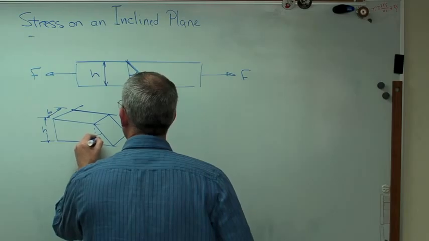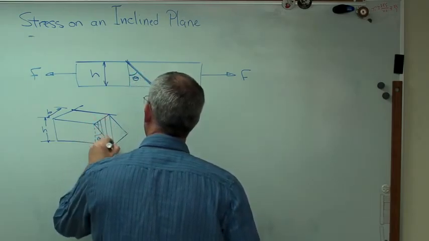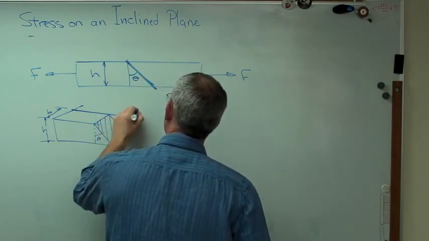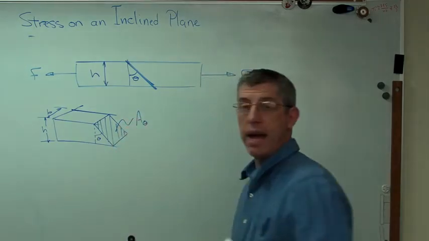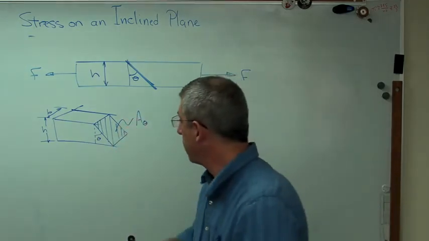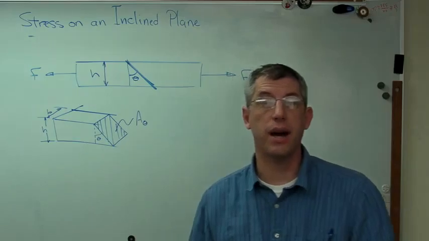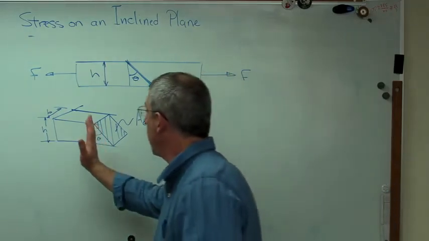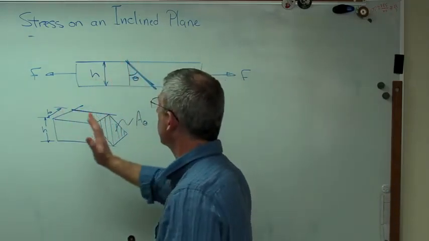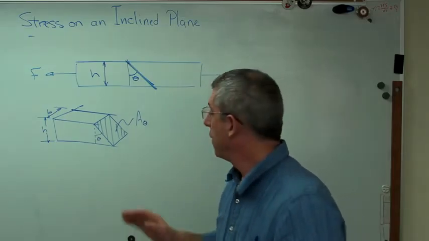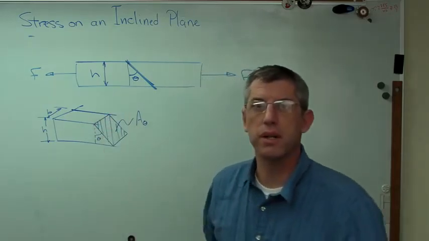That's theta. And this area here, I'm going to call A theta, the cross-sectional area, the area over which a force acts, but not perpendicular to the axis. The normal area would be BH. This would be BH modified by something.